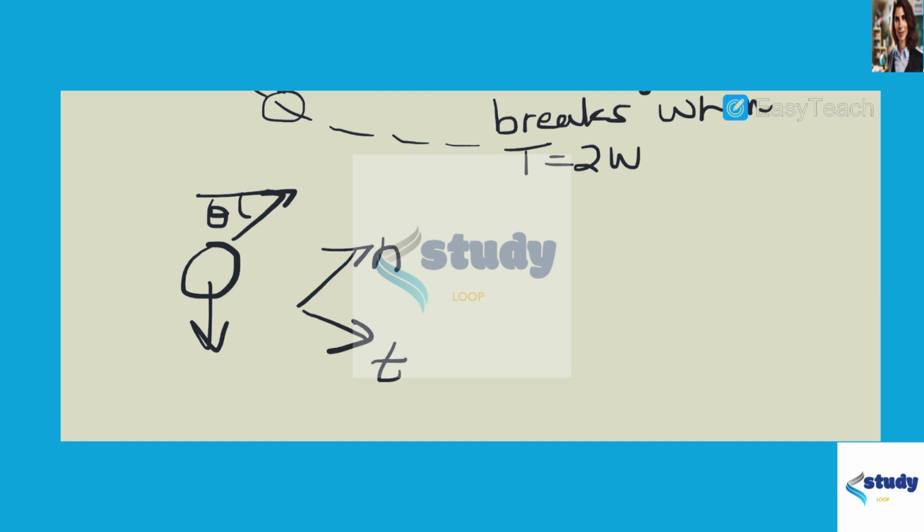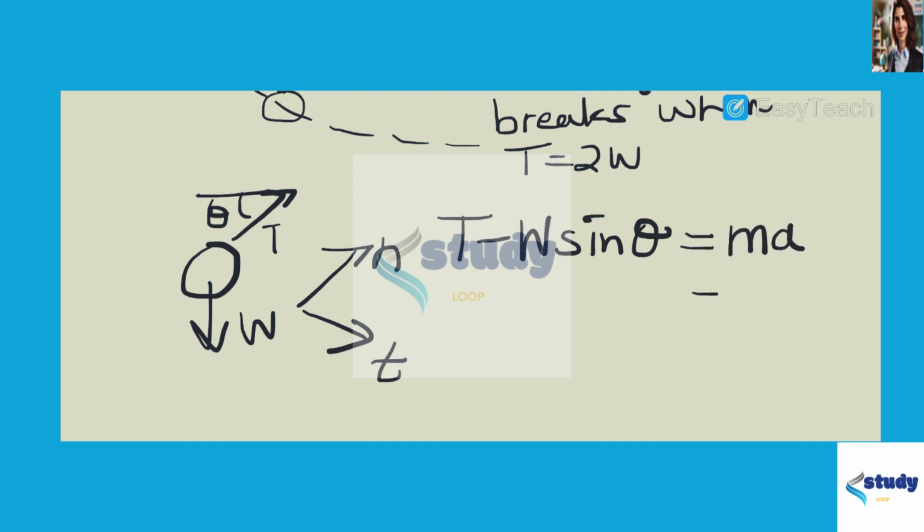As we break these forces down and write out Newton's second law, we'll find that the tension and a component of the weight force are what act in the normal direction, and tension minus weight sine theta is going to be equal to ma, which for circular motion is mv squared over L.